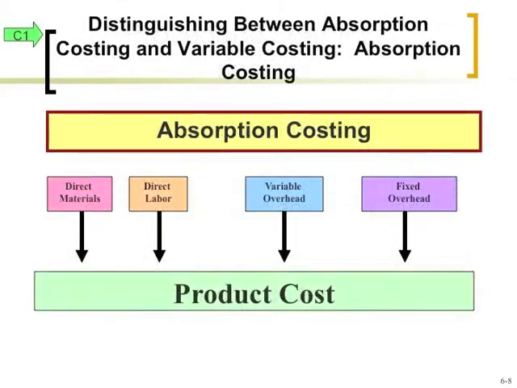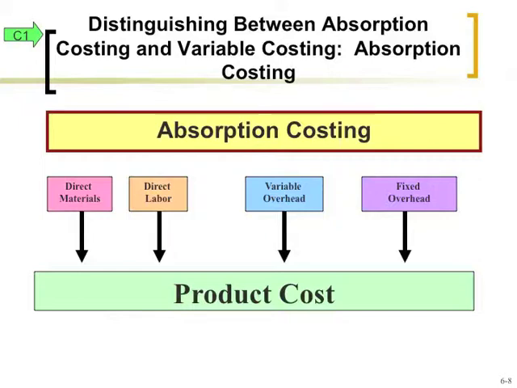And if you follow along with me, what we do in absorption costing is that we take direct materials, direct labor, variable overhead, and fixed overhead, and we put all of those into product cost.